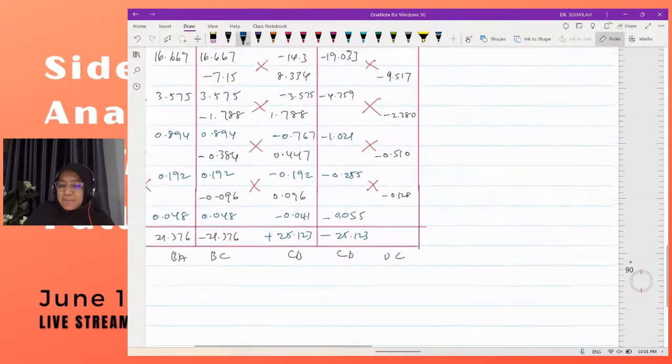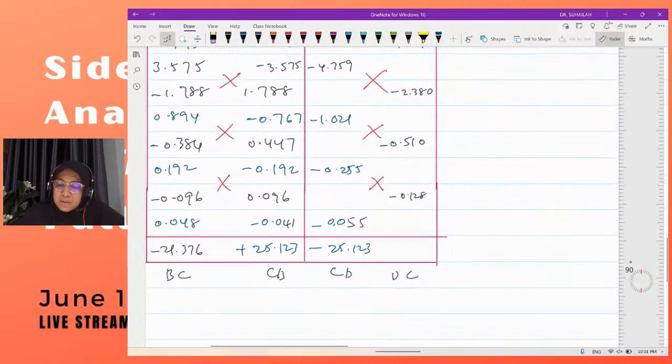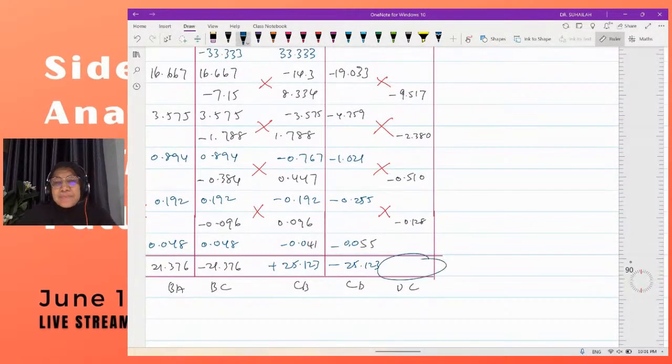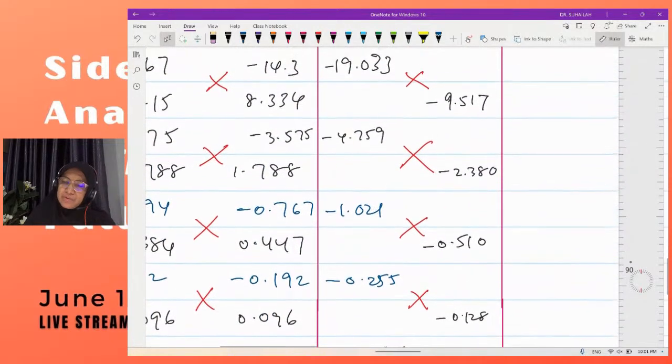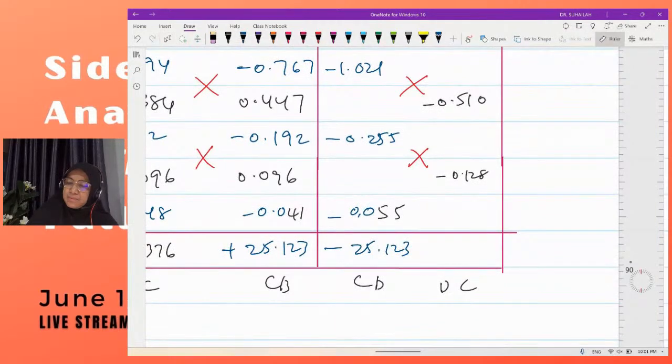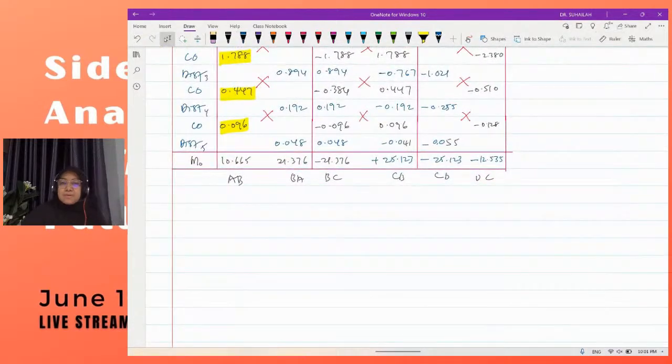Okay, what about DC? DC, this one. DC, it is also negative 12.535. 535, 536.